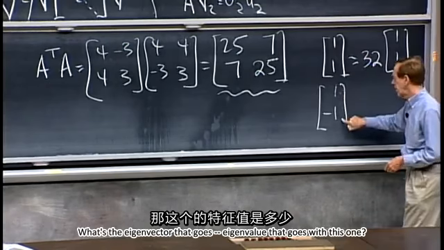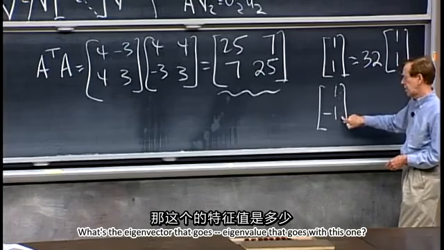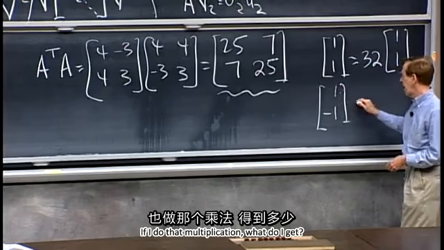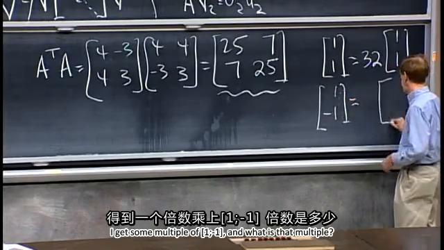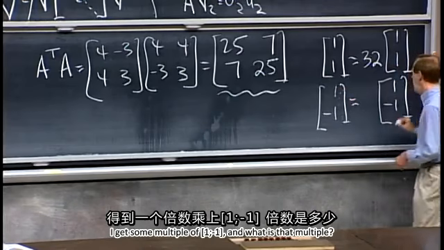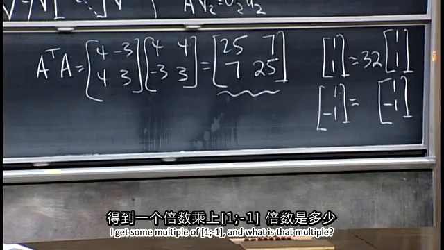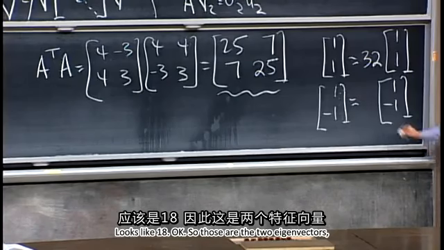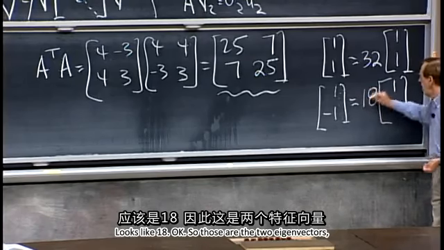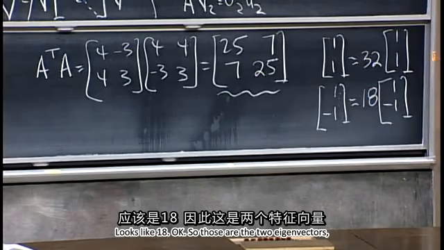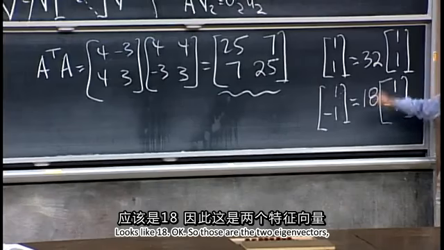What's the eigenvalue that goes with this one? If I do that multiplication, I get some multiple of 1, minus 1. And what is that multiple? Looks like 18. Okay, so those are the two eigenvectors.